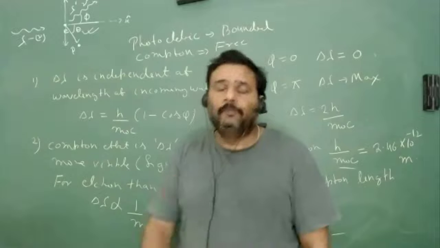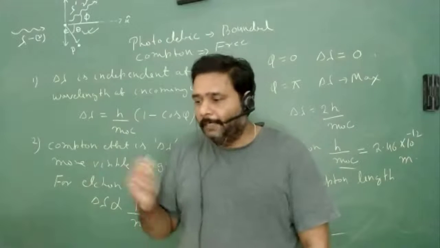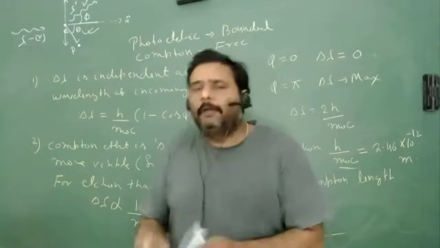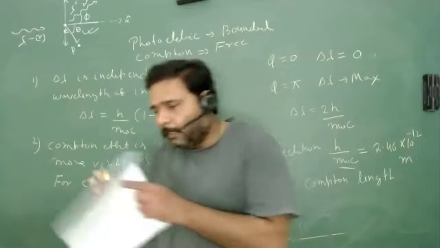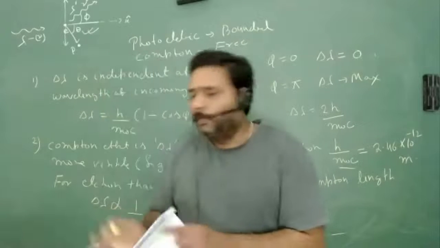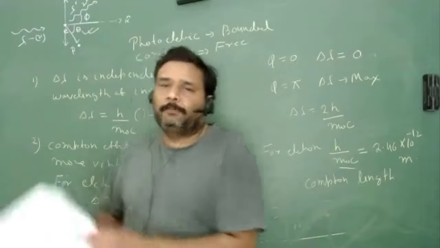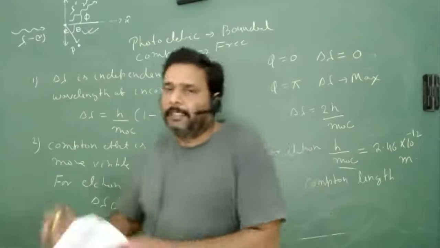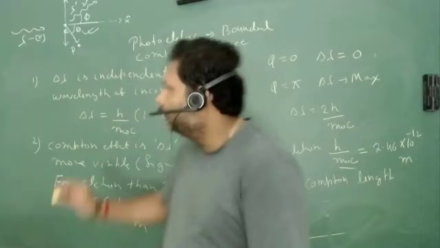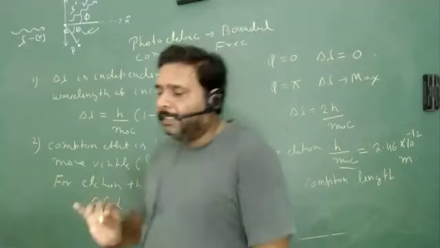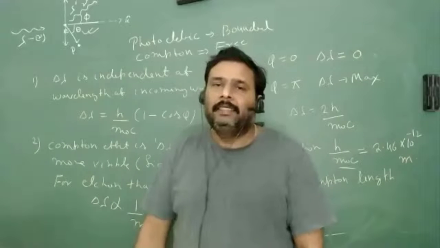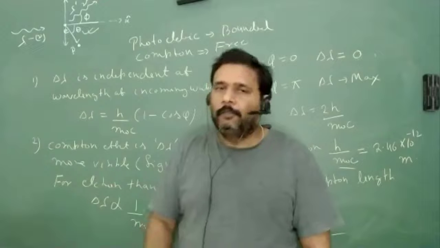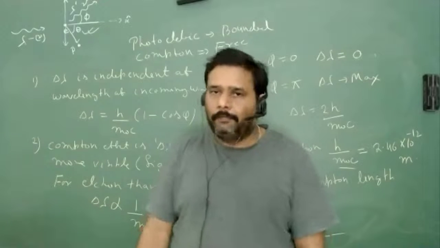Then we have to discuss both things together. It all depends on which experiment you are observing, and that experiment can be explained by either wave theory or particle theory. So on this note, this is all the mathematical part of the Compton effect, and the next level of analysis we will do tomorrow with different types of problems.